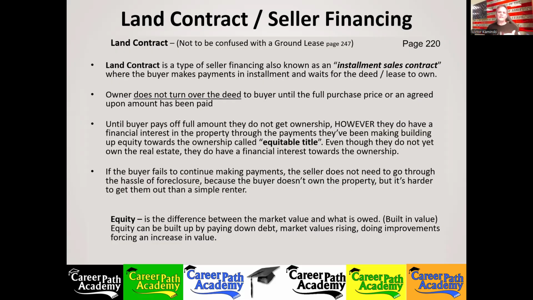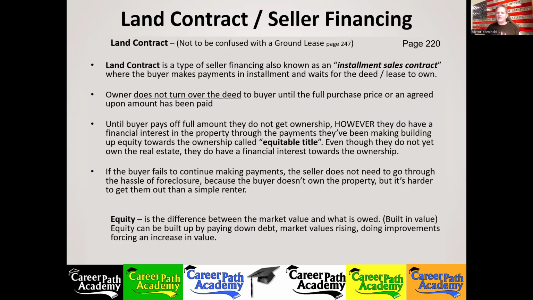Equity is the difference between the value of a property and what you owe on it. So equitable title is the word that means ownership. You have equity built up towards the ownership of the real estate. So even though you don't own it yet, you do have a financial interest towards that ownership.